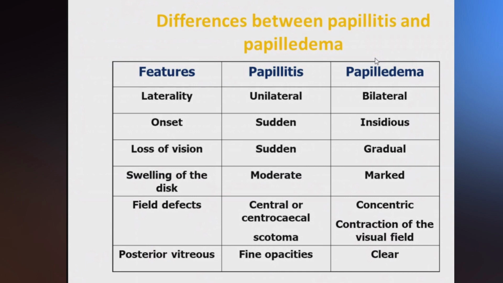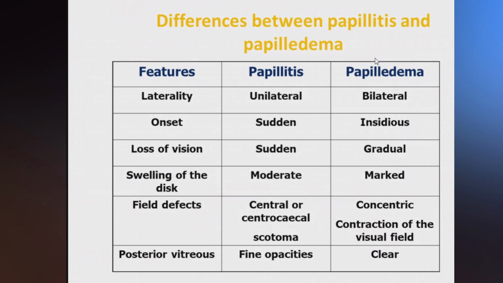If we speak about swelling of the optic disc, in papillitis, swelling is moderate, in papilla edema, very severe. As for the visual field defects, for papillitis, we can find central defects, and for papilla edema, we can see most often peripheral visual field defects.